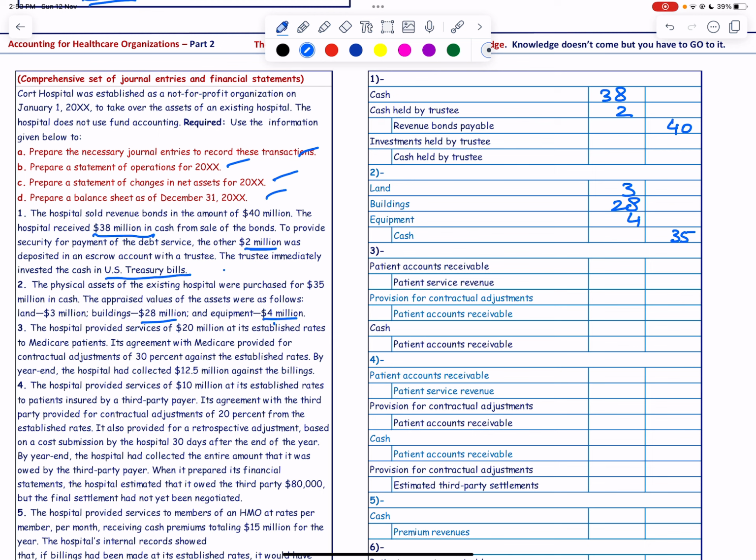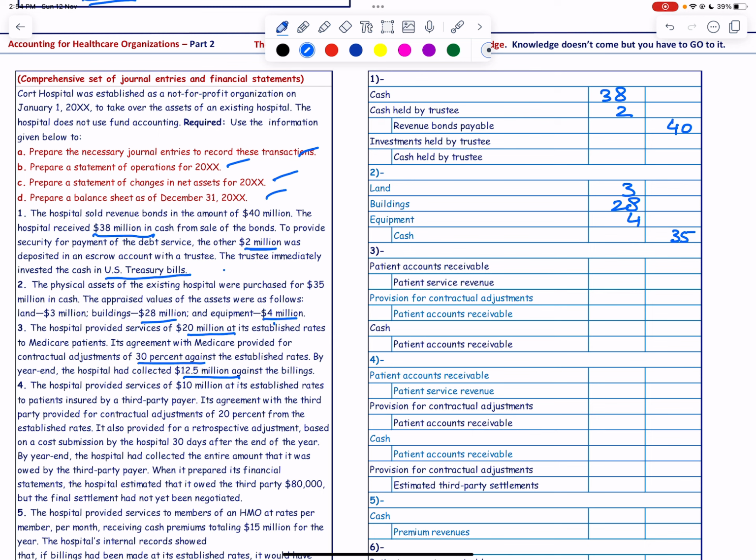Then the hospital provided services of 20 million at its established rates to Medicare patients. Its agreement with Medicare provided for contractual adjustment of 30% against the established rates. By year end, the hospital has collected 12.5 million against the billings. Okay.